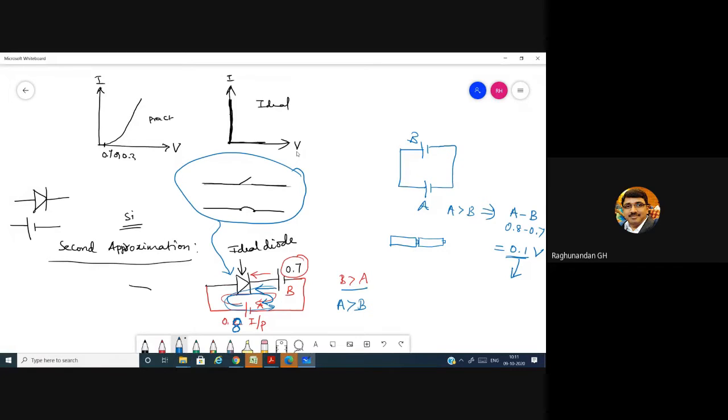Once this becomes 0.8, then A will be dominating B. During that time, the current will flow through the circuit and the diode is going to be forward biased.